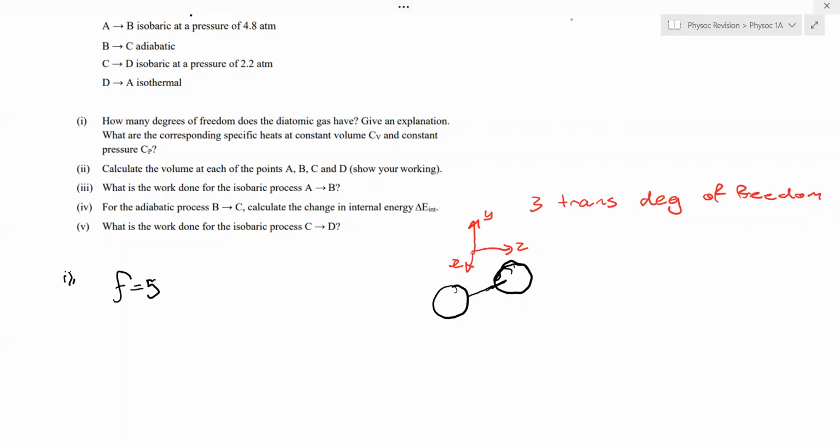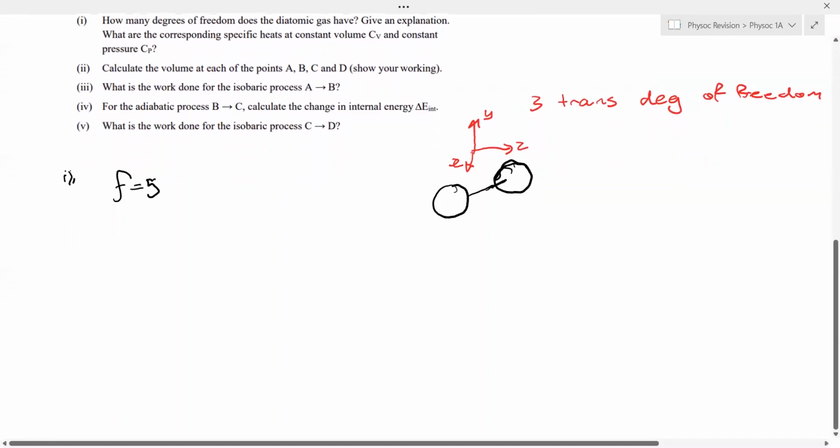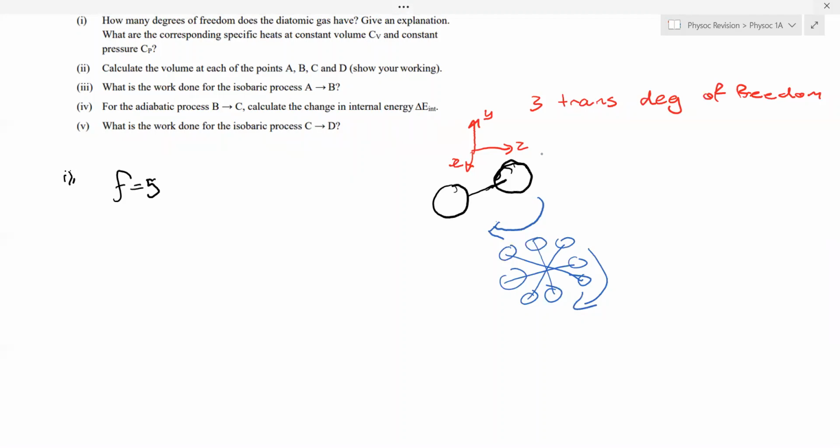And then the other 2 for a diatomic gas are rotation. So it can rotate around this way. So it can, if we look at it from like the top, it can be like any of these orientations. And it can also spin around in this other way.